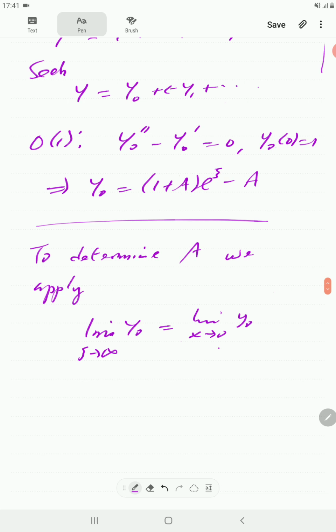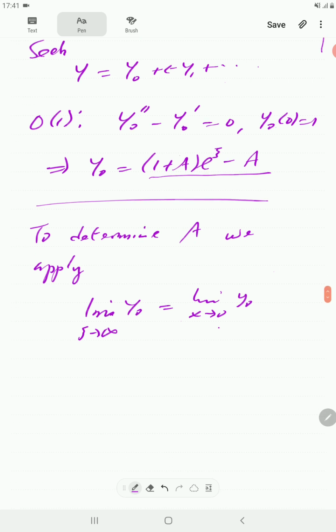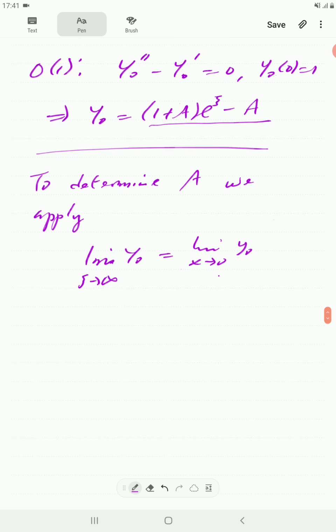Now, however, this is going to have a problem because this function is unbounded as xi goes to infinity.